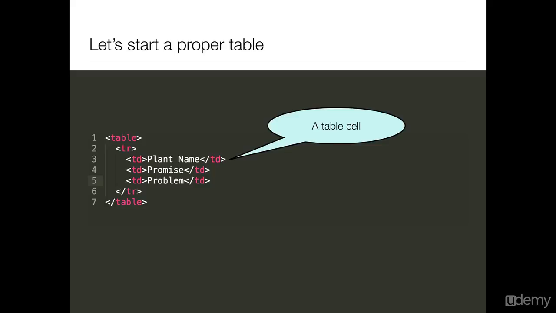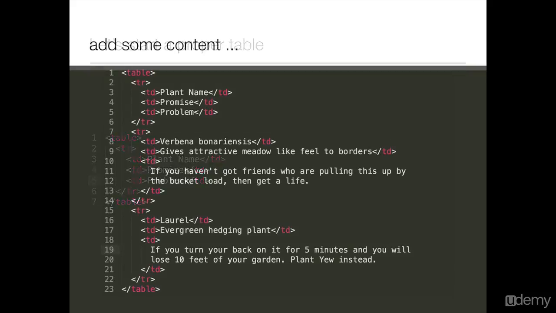So here we've got three kinds of elements: the table, which is identifying structured data, a table row, and table cells, three table cells in this particular case. Next thing we want to do is to put some data in there. So let's add some content into the table.